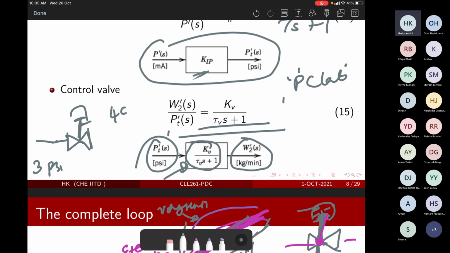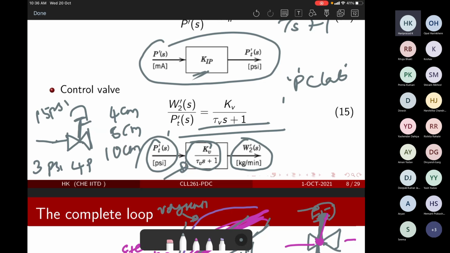So let's say it is 4 centimeter, and you start supplying 4 psi, and assuming that it is an air to open valve, your stem would keep on moving up. So you would say that it is 5 centimeter, then you apply this till 15 psig, and it would be possibly some 10 centimeters or so, who knows.